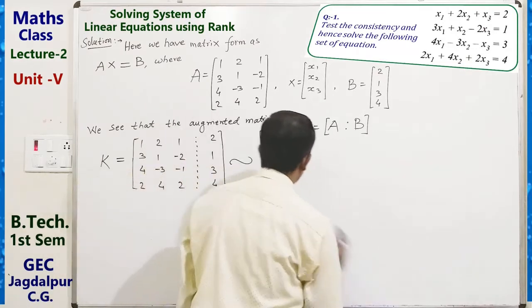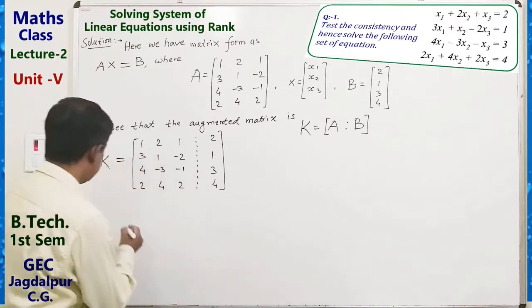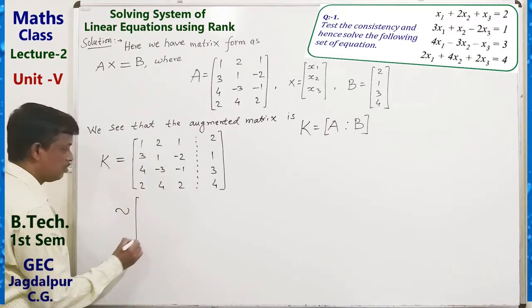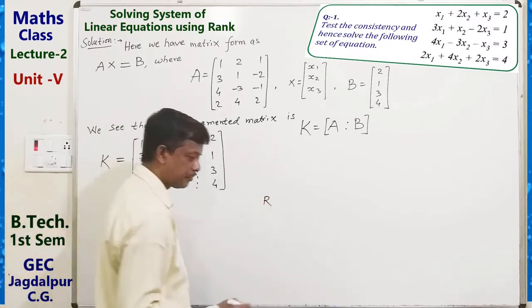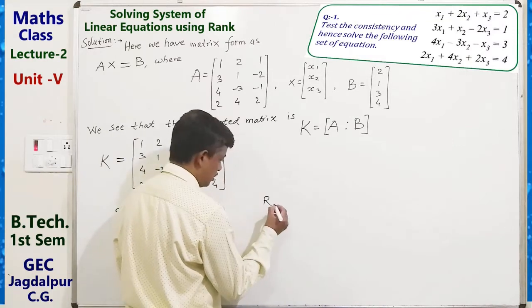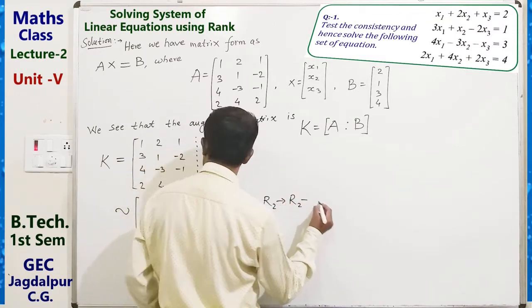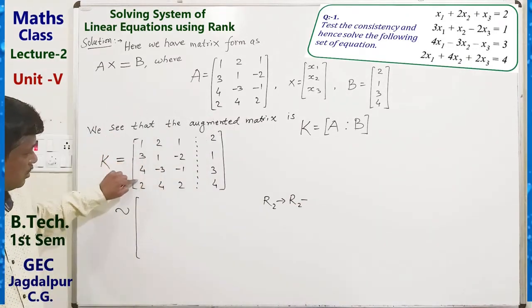So we can write, this is equivalent to what operation we apply here? R2 to R2 minus, just by this one we can make it 0.